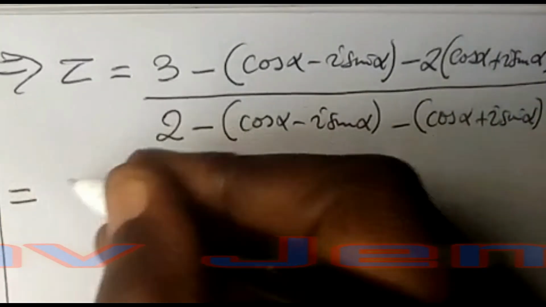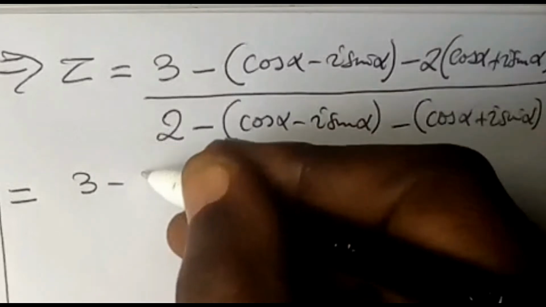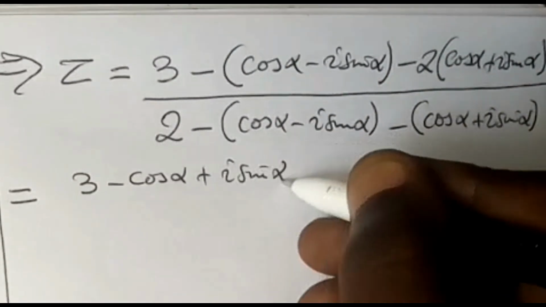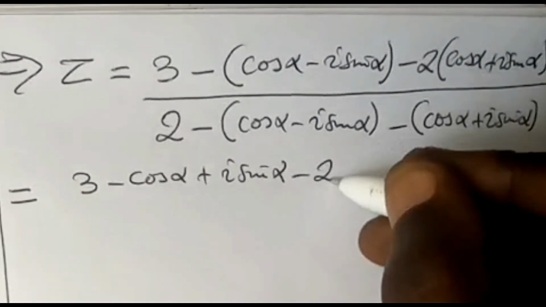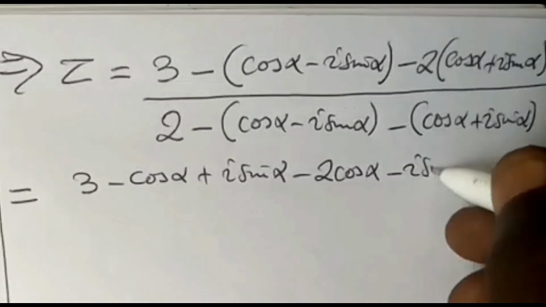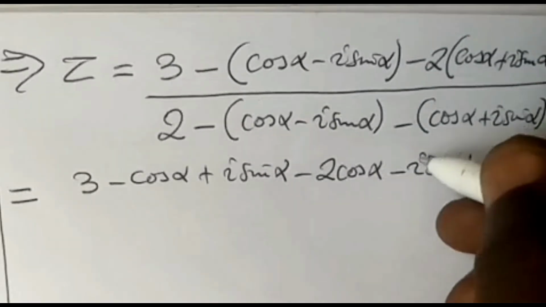And that gives 3 minus (cos alpha minus i sin alpha) minus 2 (cos alpha plus i sin alpha).